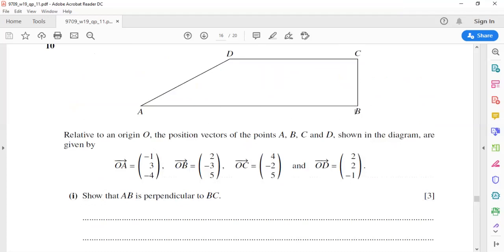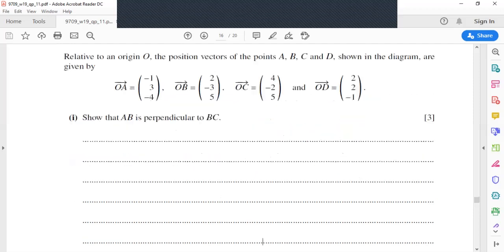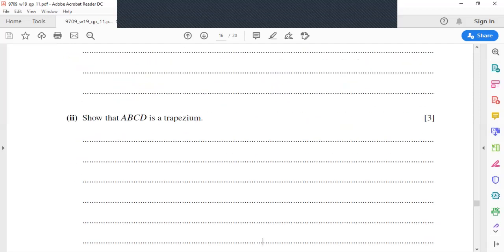AB we have found already, it was 3, minus 6 and 9. 3, minus 6 and 9 was AB, and DC.